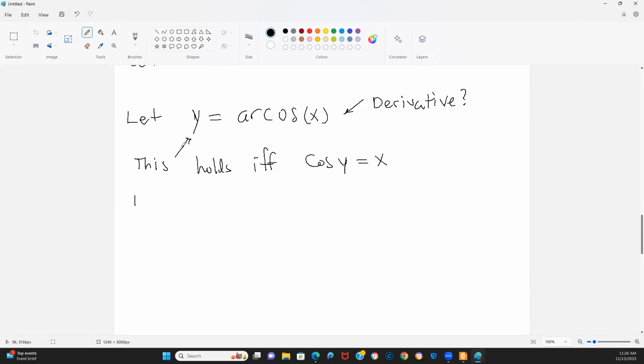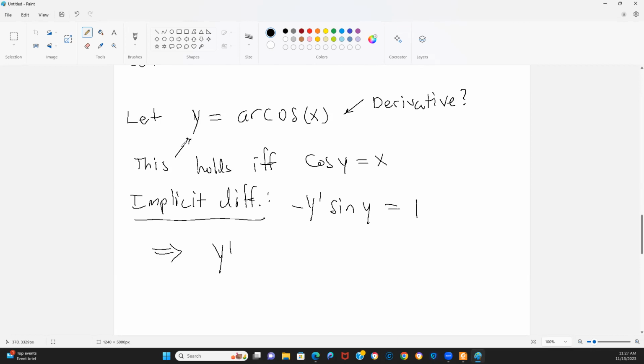So by implicit differentiation, we get negative y prime sine of y, differentiating using the chain rule, is equal to 1. And that implies that y prime, which is exactly what we want, is equal to -1 over sine of y.